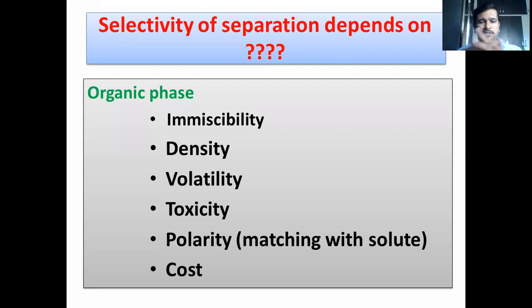And the second factor is density. In most cases, if possible, we have to prefer an organic solvent which is heavier than water, heavier than the aqueous solvent we are using. Because once the extraction process is over, we will use the organic layer which contains the analyte.